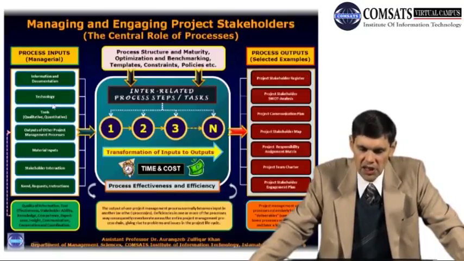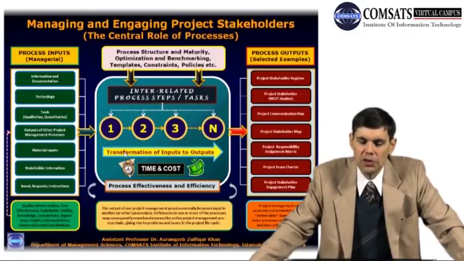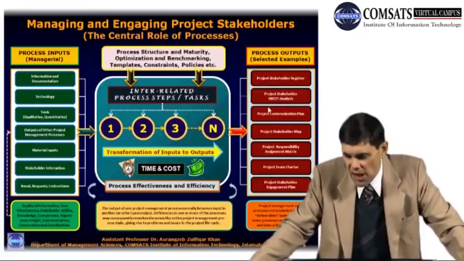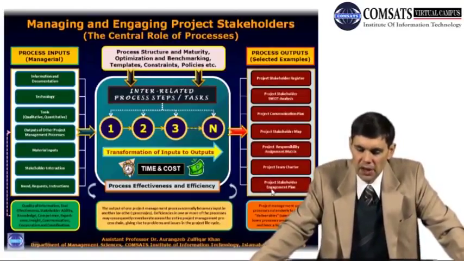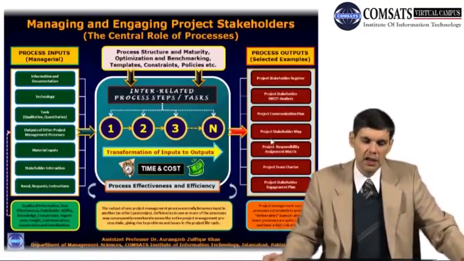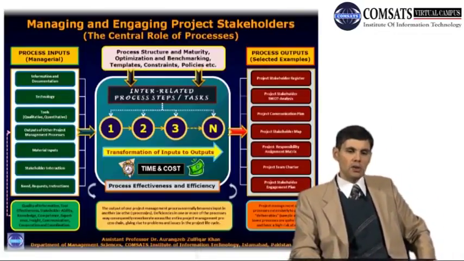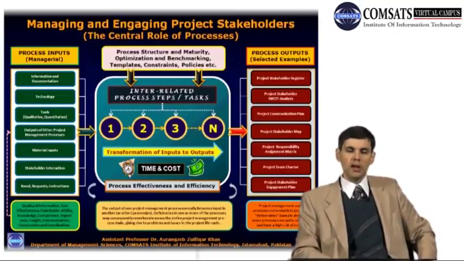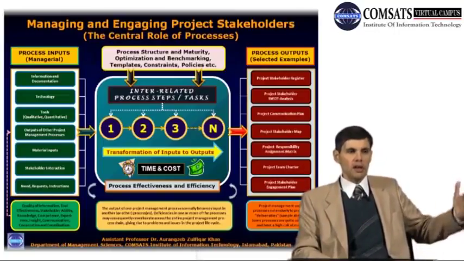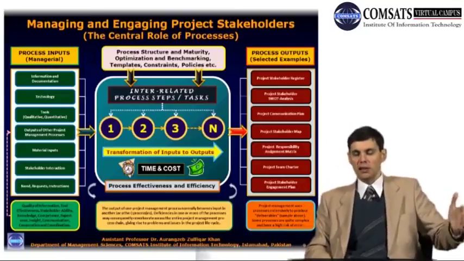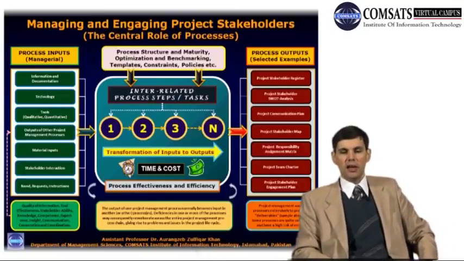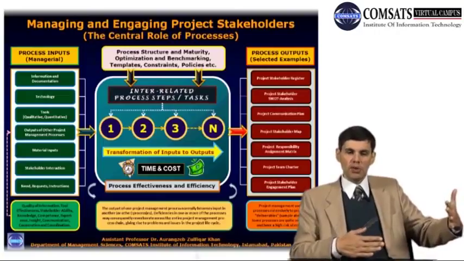The inputs go through these process steps, and through a transformation, they are converted into the outputs which come over here. It's much like in any factory which you might have seen. If you go into a furniture factory, the wood and the nails and the paint and everything are all the inputs.